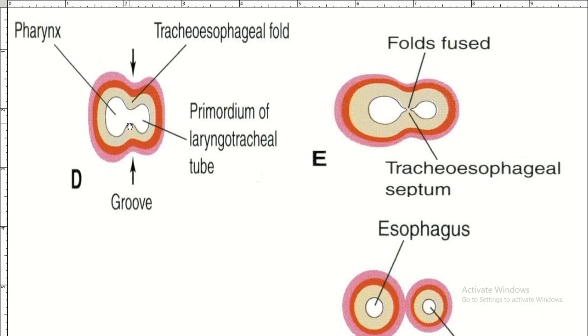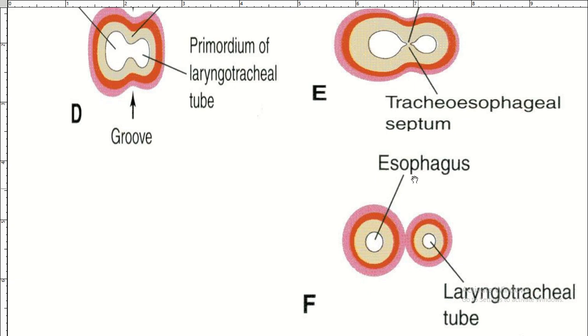You can see some ridges here that are going to meet to form the tracheoesophageal septum. The tracheoesophageal septum is the septum that is going to separate anteriorly your trachea and your lung bud, and posteriorly your esophagus. So you can now see that the tracheoesophageal septum has completely separated your laryngotracheal tube and your esophagus.